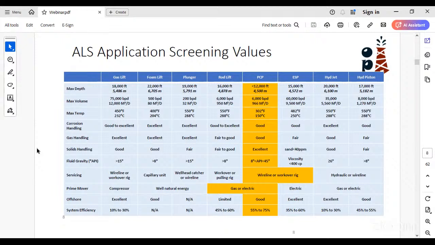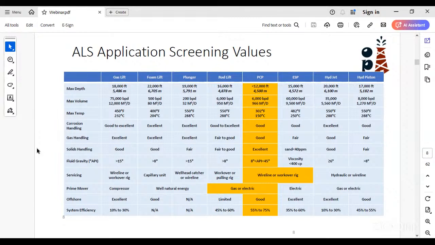If you are targeting viscous oil or low API production with a lot of sand production and gas liquid ratio and considerable gas rate, you can go to the PCP system. If your depths are shallow and your environment is very constrained, like offshore application, we can go to the gas lifting system.